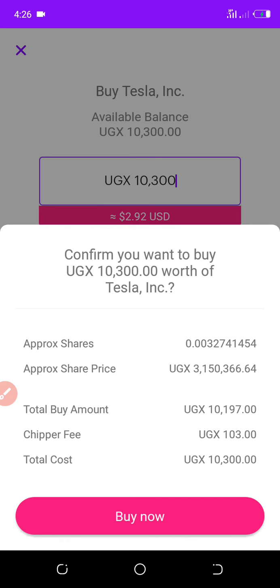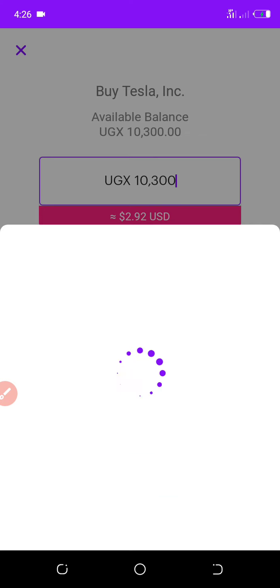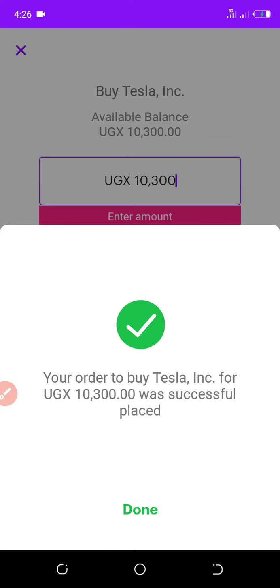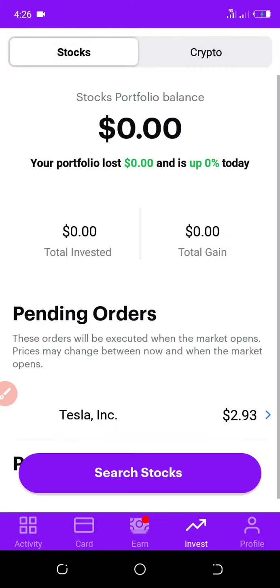Total buy amount, that's it. Cheaper Cash fee, that's a few amount. Then click on buy now. Your order to buy Tesla Inc. was successfully placed. Click on done.